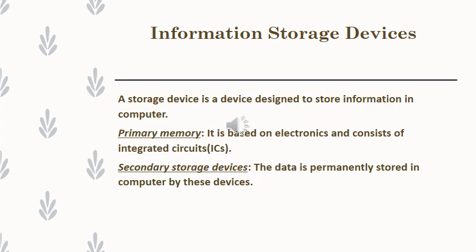Second is ROM, read-only memory, in which you can store the data permanently. Secondary storage devices. These devices store the data in the computer permanently. And what are these devices? Some are audio video cassettes, hard disks, and all these.